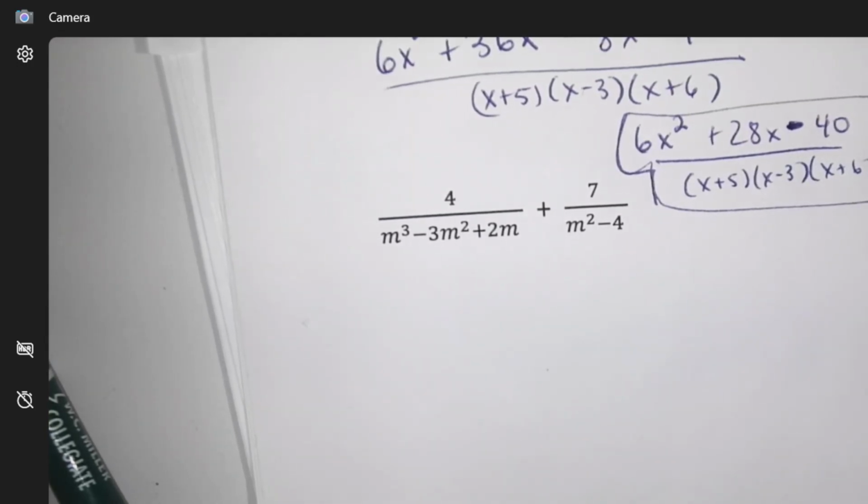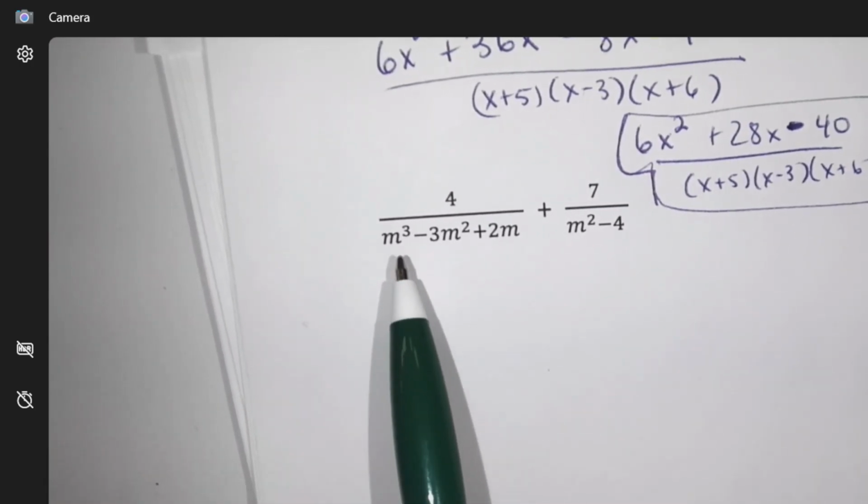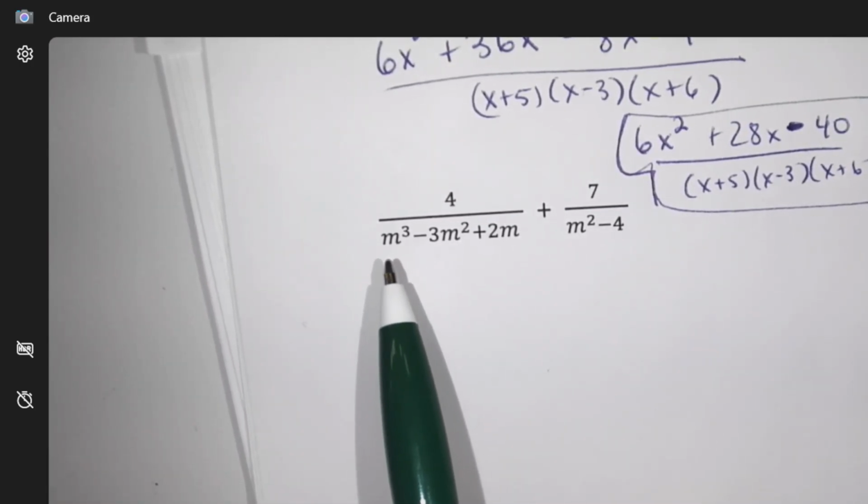Okay, bottom question, I need you to start with your factorings. So this one's going to be something where you double factor, by the way.